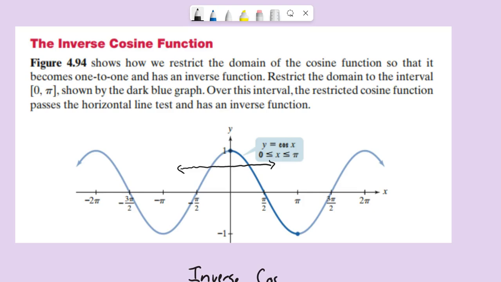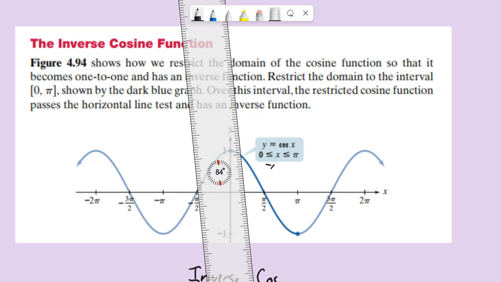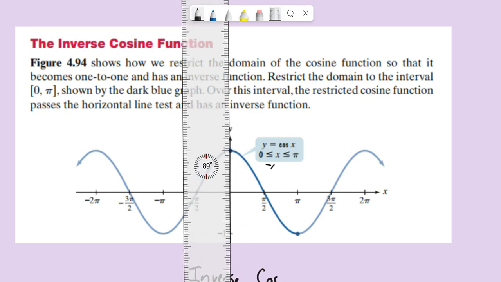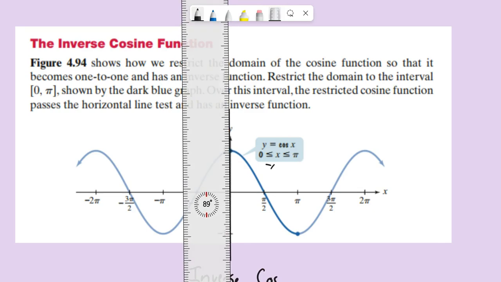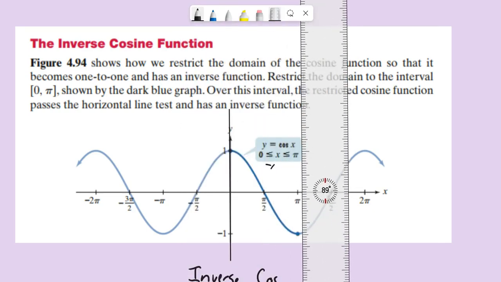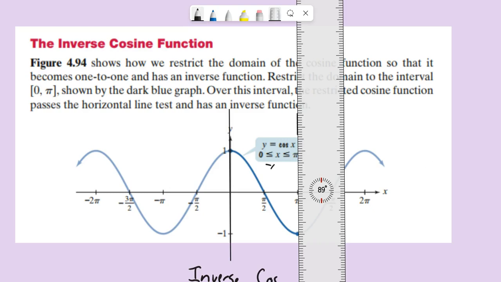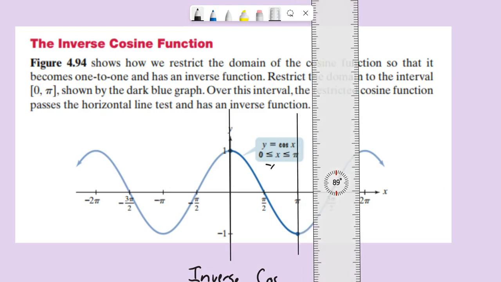So we have to do it over a different period. We're going to be doing it from 0 to pi. Now we have created a function that has an inverse, right?